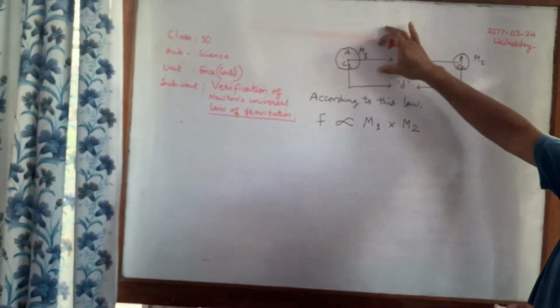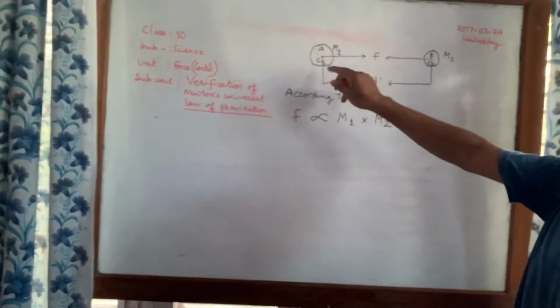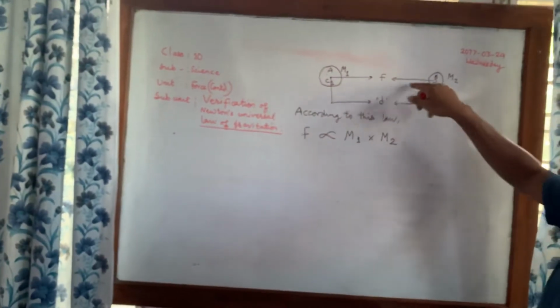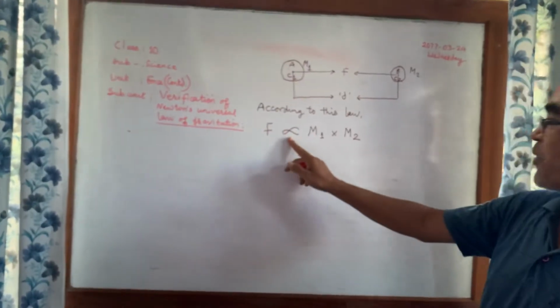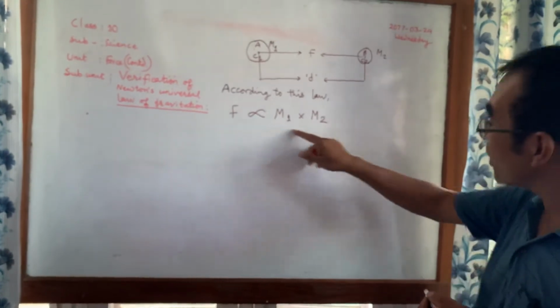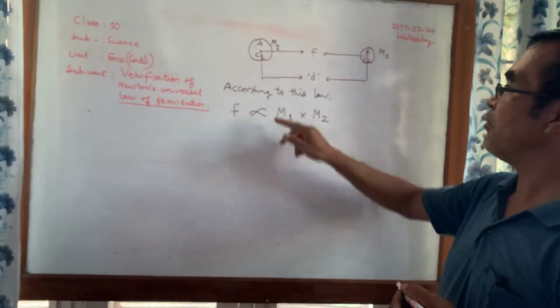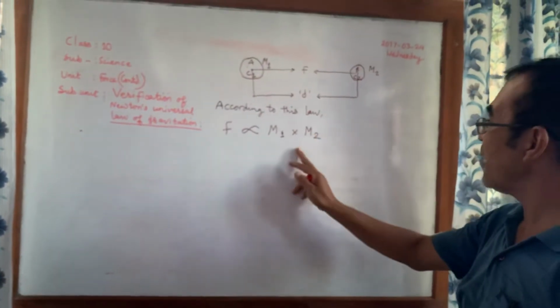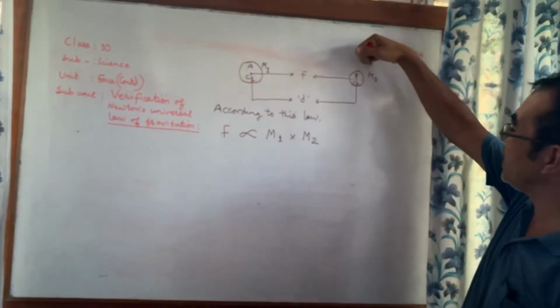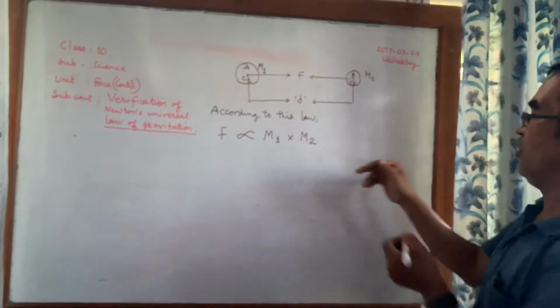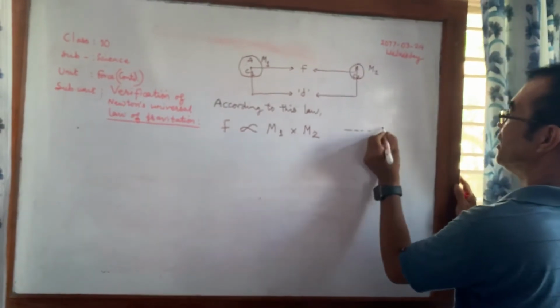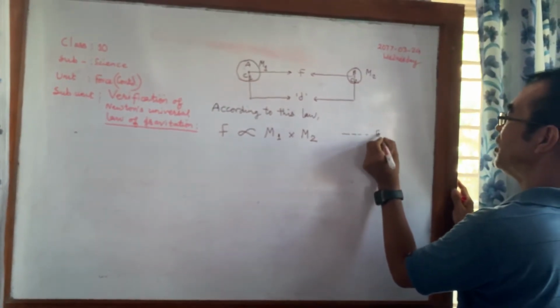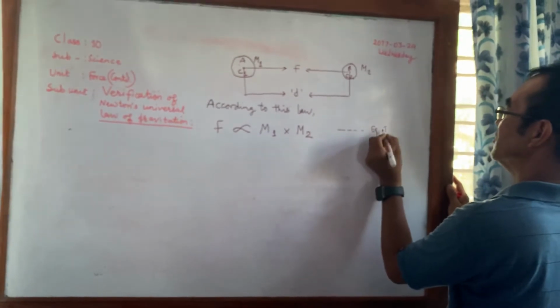The force acting between them is directly proportional to the product of the mass of object A, m1, times the mass of object B, that is m2. Suppose this is equation number 1.